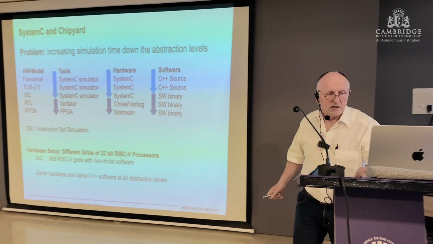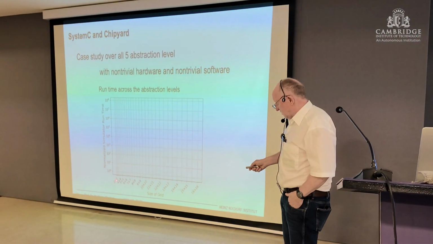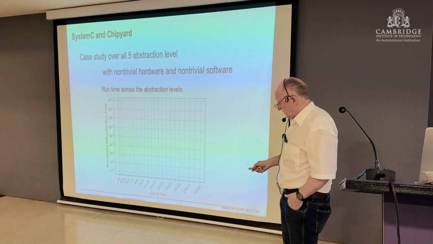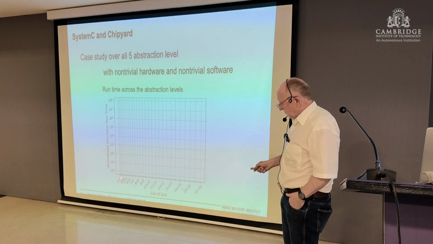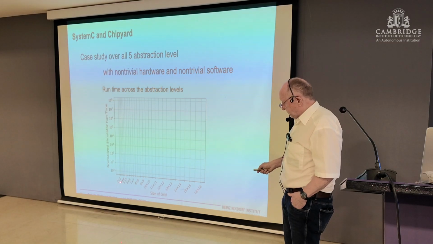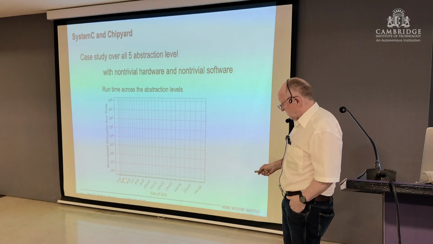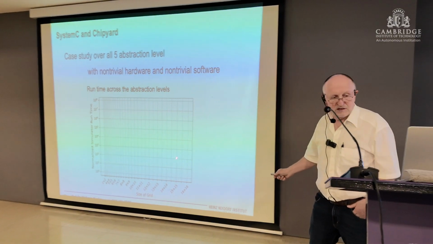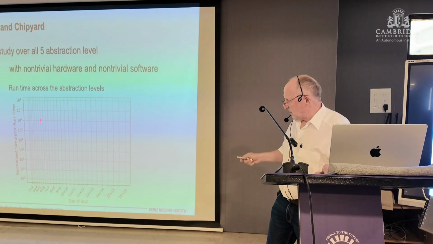So we had experiments with the different grids: 2 times 2, which is basically four RISC-V processors, 4 times 4, here 16 RISC-V processors, here 25, and so on. And here is the runtime.